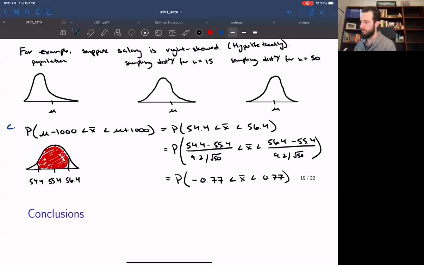Okay, and now all we have to do is go to our normal table. So this thing is going to be the probability. Oh, sorry, these are Z's now.